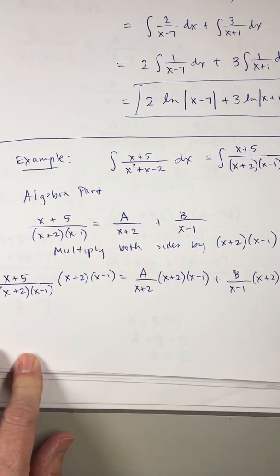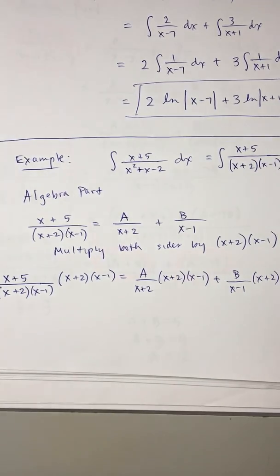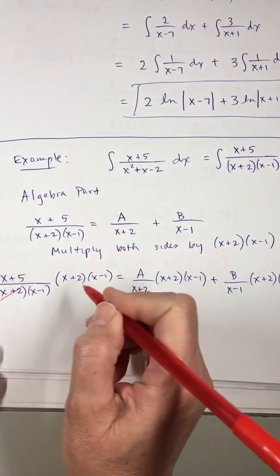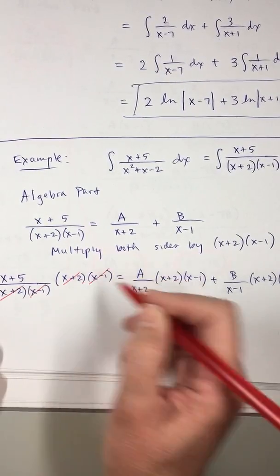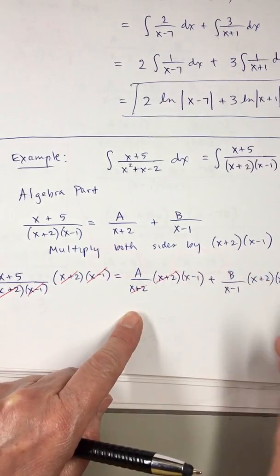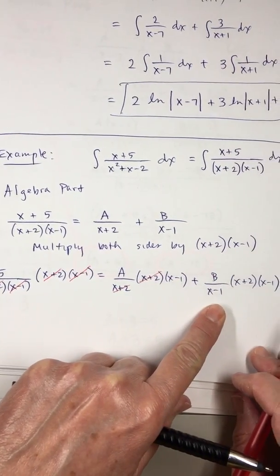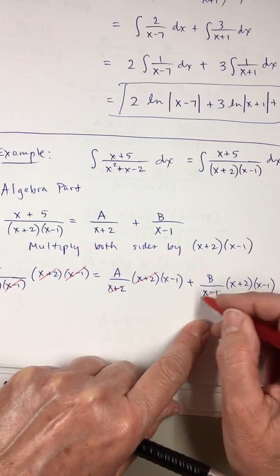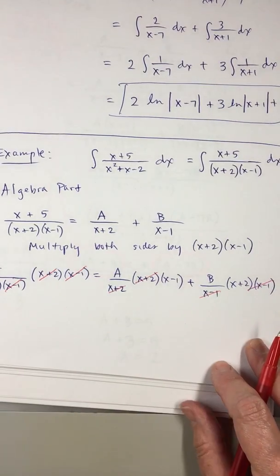What happens, a lot of stuff cancels. It cleans up real nice. Here, x plus 2 cancels x minus 1. On this part, x plus 2 cancels. And on the last part, x minus 1 cancels.